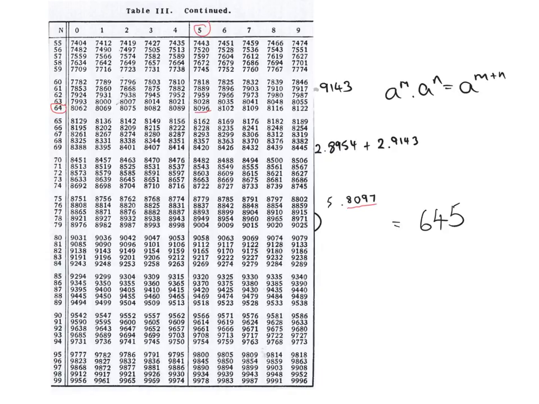645. And because we've got a 5 here, we know that's 10 to the power 5, which is going to be 100,000. So it's going to be more than that. So this is going to be 645,000 as our answer. And all we need to do now is check to see if we got the right answer.